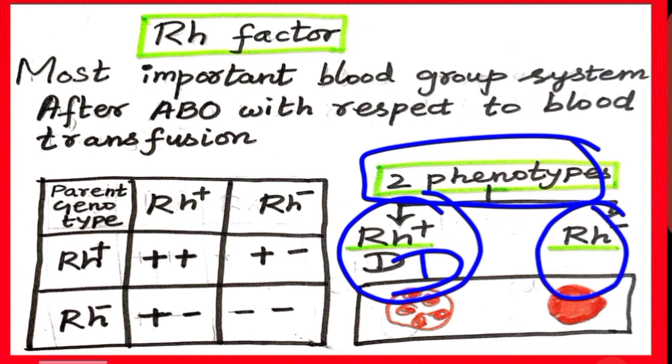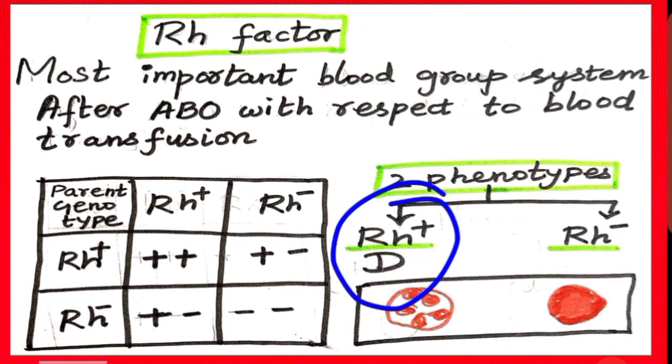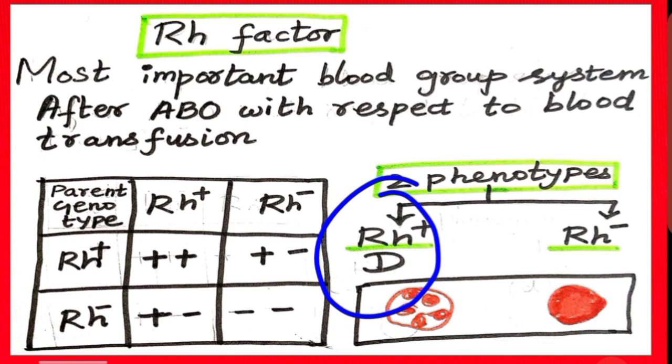As a result, Rh positive always acts as the dominant allele, and Rh negative is a recessive allele. Rh factor is inherited in Mendelian fashion, because the dominant allele, Rh positive, masks the recessive negative allele.